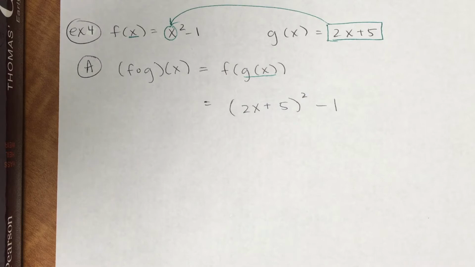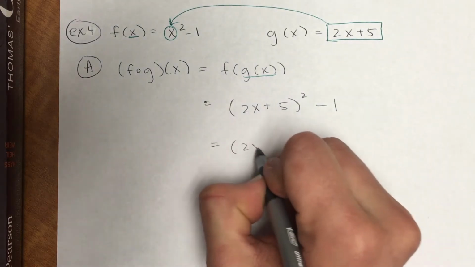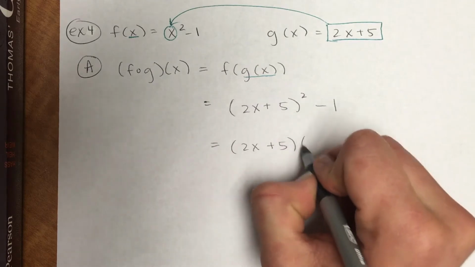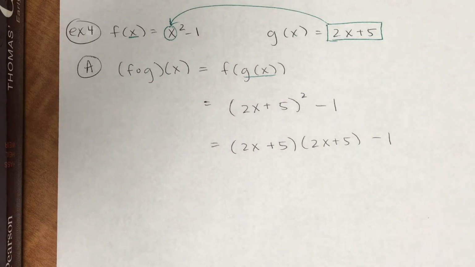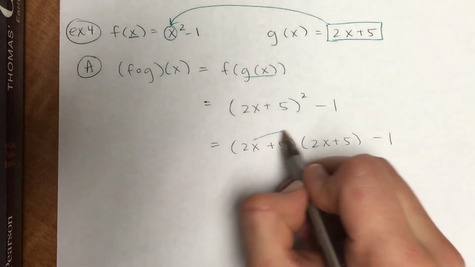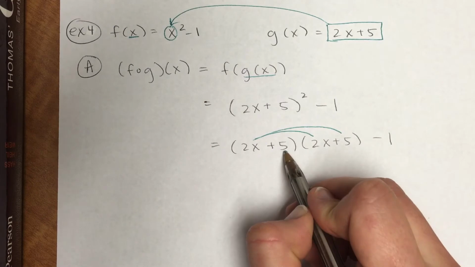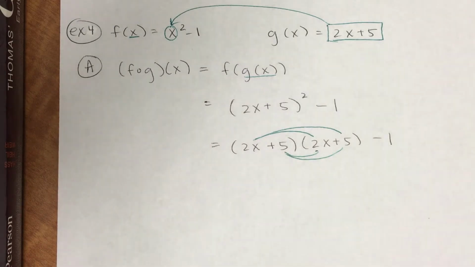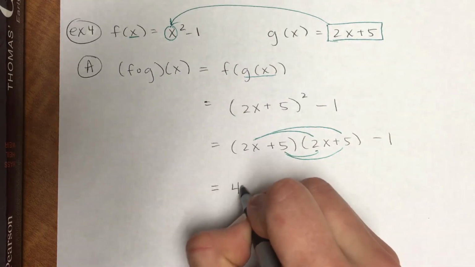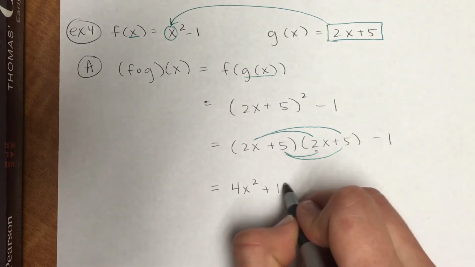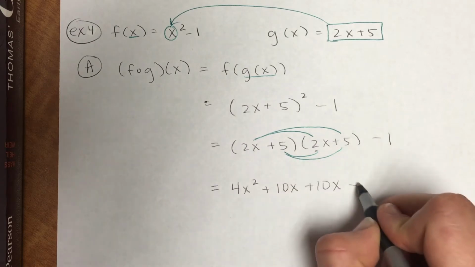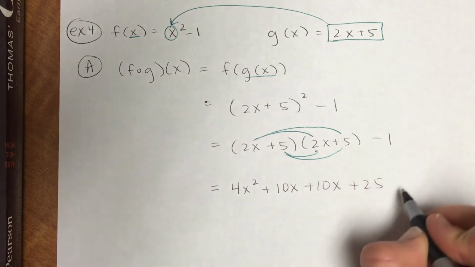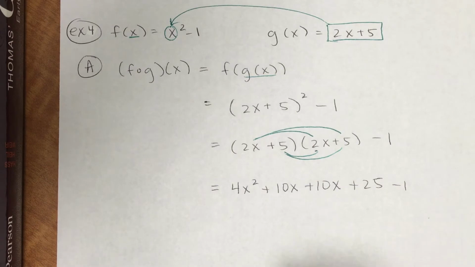Now simplify, and simplify means to distribute and combine like terms. So I need to distribute the squared, which in this case you can't really just distribute a squared, you have to actually FOIL it out. So distribute your 2x and distribute your 5. 2x times 2x is 4x squared, 2x times 5 is 10x, 5 times 2x is 10x, 5 times 5 is 25, and don't forget your minus 1 is still hanging out at the end.